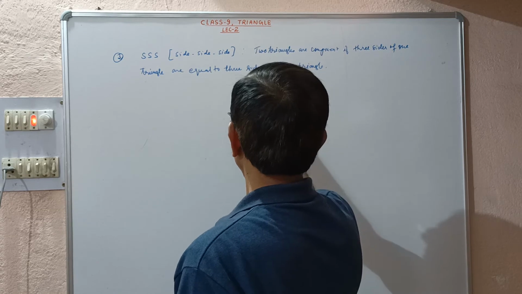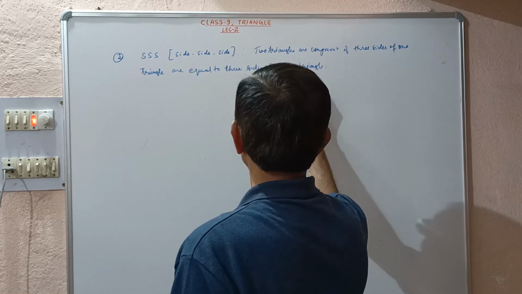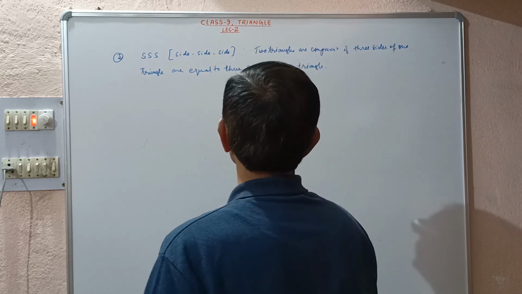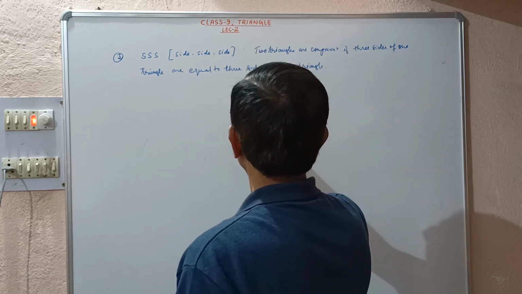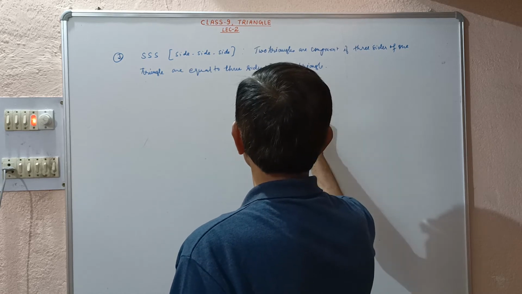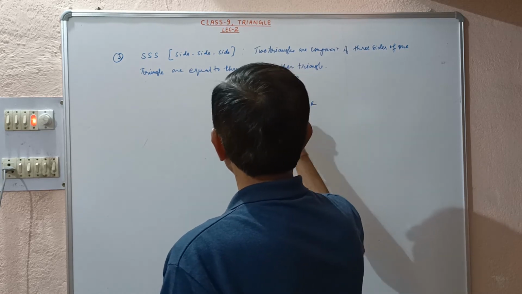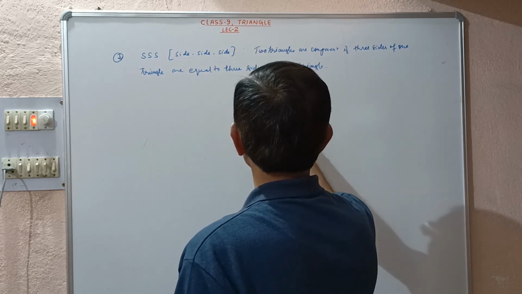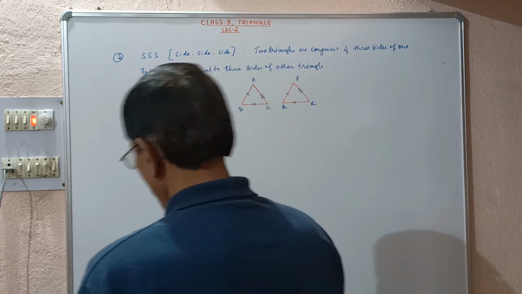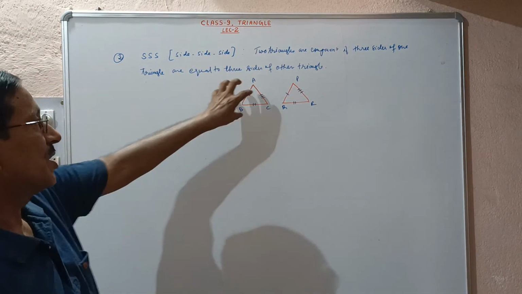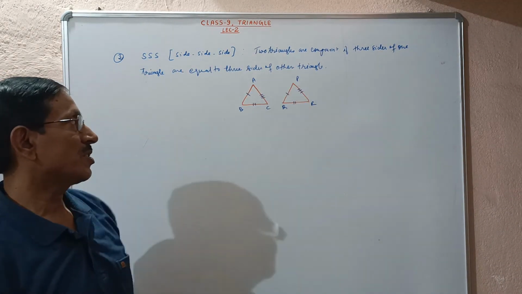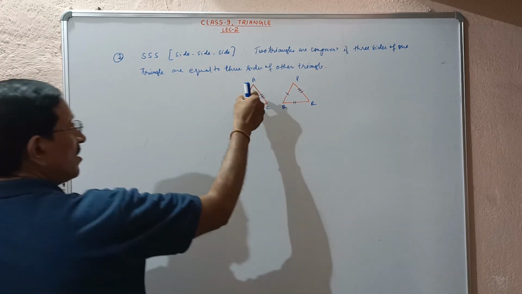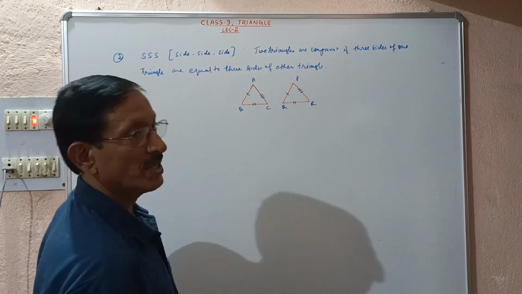So we give one example. Here, triangles ABC and PQR. AB is equal to PQ, BC is equal to QR, and AC is equal to PR. Three sides of this triangle are equal to three sides of this triangle. So if we place this triangle on this, then they will cover exactly.